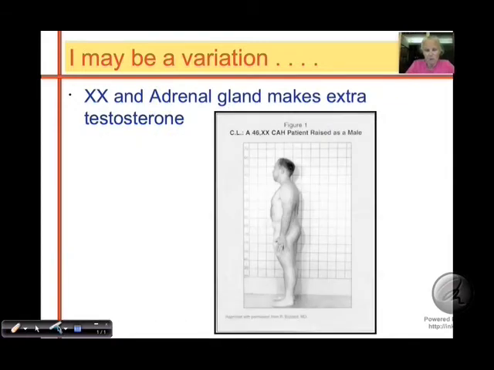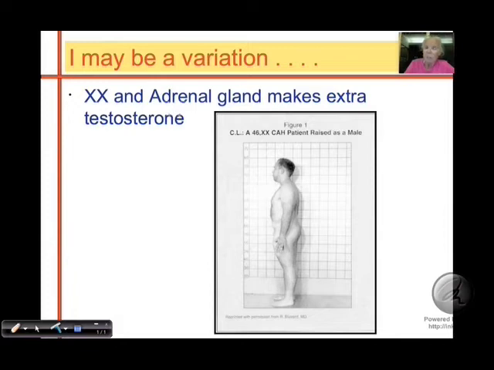Here's a third variation. These individuals are XX, and have an adrenal gland where the feedback loop is not working in its normal pattern, and it causes them as a fetus to pour out large numbers of androgens.